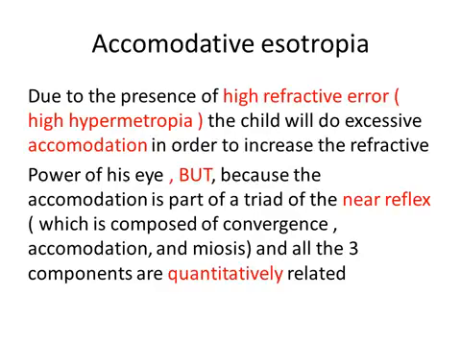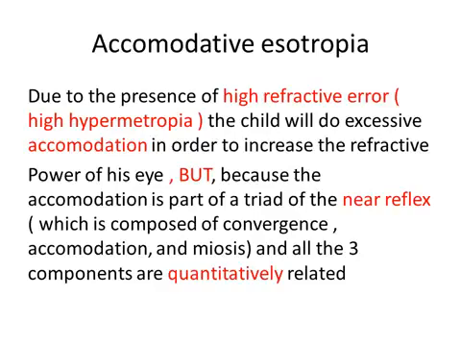So this +5 hypermetropic refractive error will oblige the child to do excessive accommodation. We explained accommodation in the practical sessions, so you have to review it. This excessive accommodation is by increasing the power of the lens in order to increase the total power of the eye and to cancel hypermetropia.